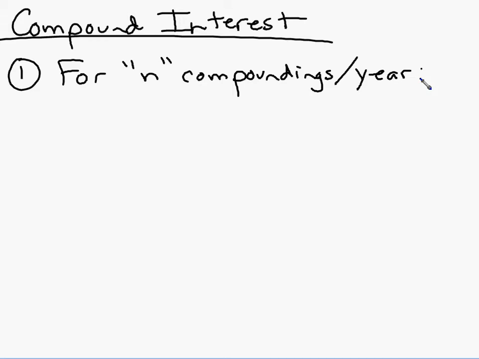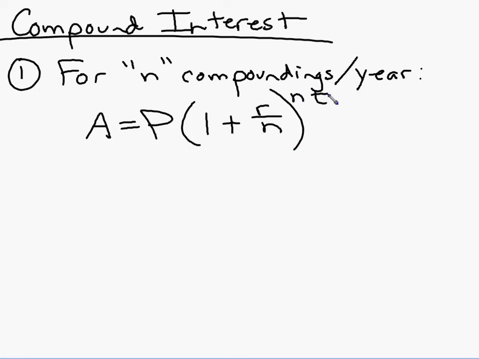So for n compoundings a year, we have this formula. A equals P times 1 plus R over N to the NT power. All right? So what do all those letters mean? P is the principal. We're not talking about the high school principal. We're talking about the amount of money that you put into the account. Okay, how much money did you put into your savings account?